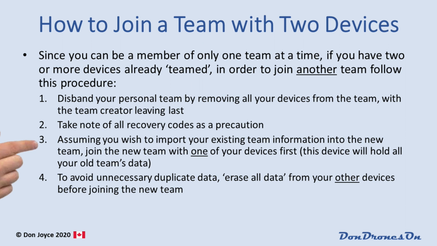So you join with just one of your devices, and this device, of course, will hold all of your old team's data. And then finally, step 4, to avoid unnecessary duplicate data, you erase all data from your other devices and then have them join the new team.